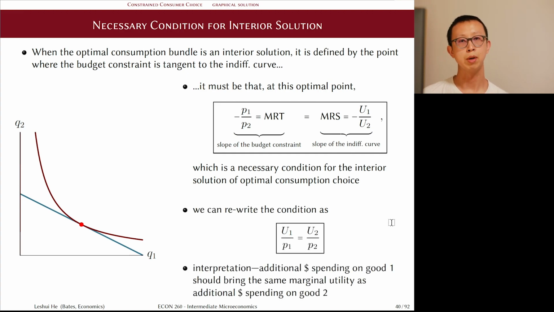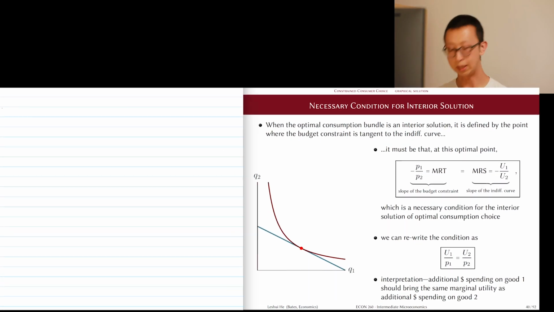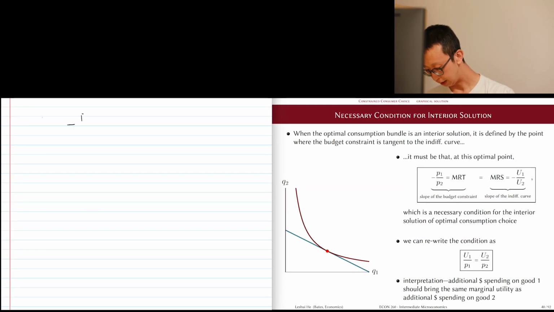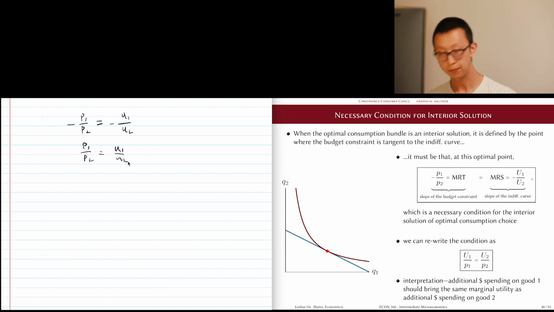To think about the expression more intuitively, I find it very useful to rewrite it slightly. With our tangent condition, we have MRT, which is minus P1 over P2, equal to MRS, which is minus U1 over U2. Now, with the negative signs cancelled out on each side, we have P1 over P2 equals U1 over U2.